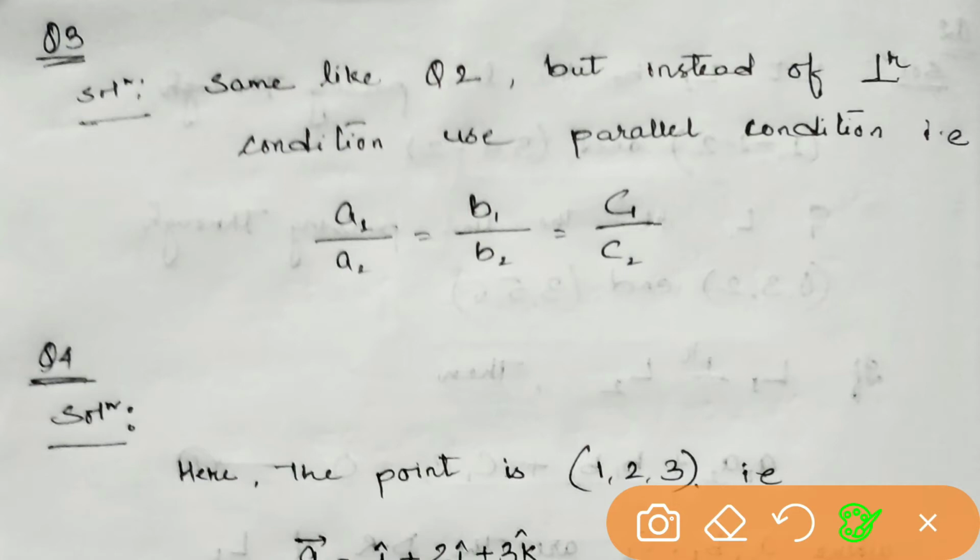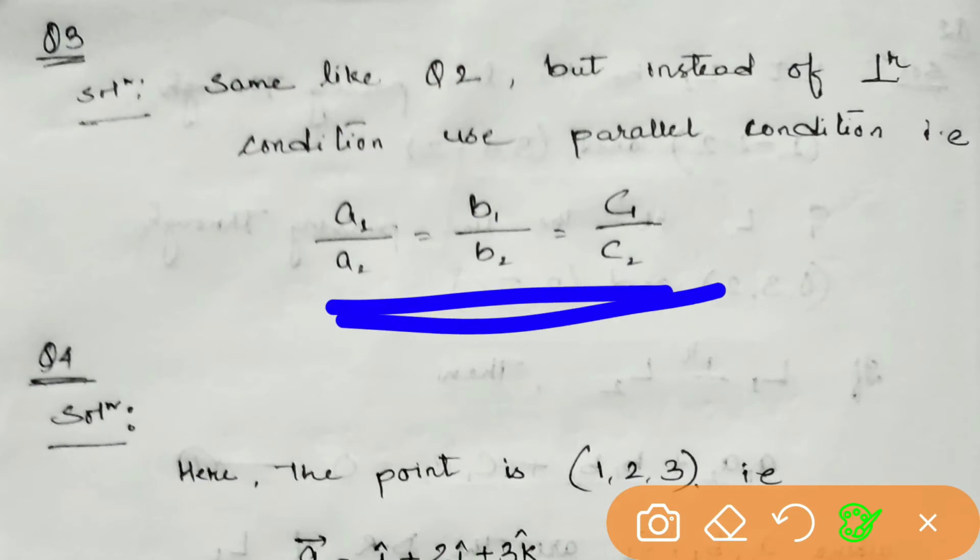Now in the previous video we have already done the condition for perpendicular as well as parallel. If they are parallel, their direction ratios will be proportional: a1 by a2 is equal to b1 by b2 is equal to c1 by c2. Okay, so question number 3 says, show that the line joining these points is parallel to the line joining these points.